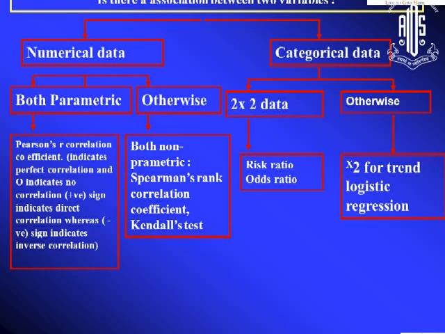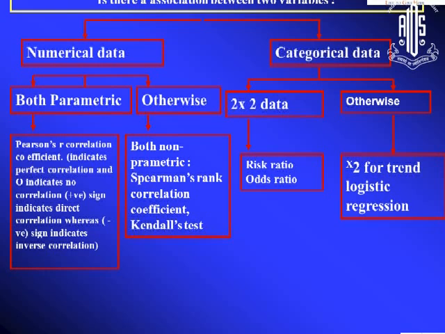The third thing, which Dr. Jatinder also showed you, is association. If you want to find out the association between the two variables, and if the data is numerical and both are parametric, then you have to do Pearson's correlation coefficient.